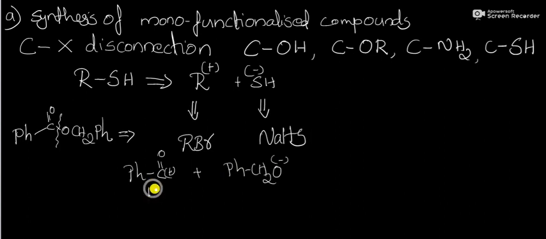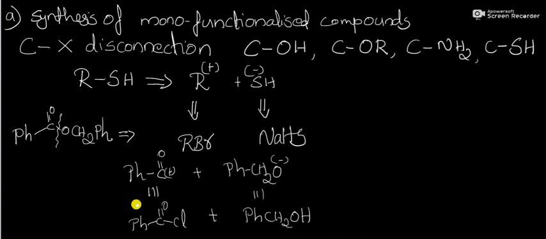Corresponding synthetic equivalents will be Ph C double bond O Cl, the acid chloride, and PhCH2OH. Then what will be the total synthesis of this target molecule?